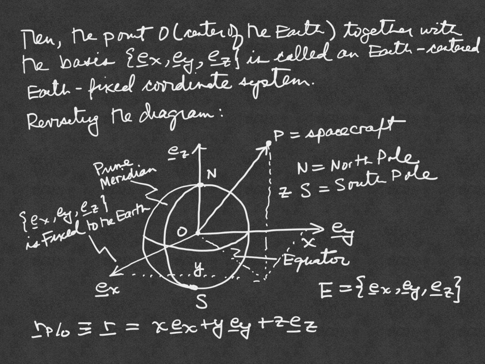Now, we need one other piece of information, which is the rotation rate of the Earth. I'm going to define the rotation rate of the Earth here. I'm going to call this omega EI. Let I be the inertial reference frame.